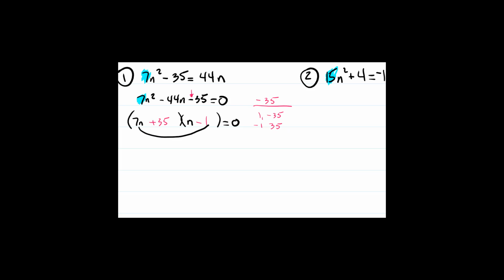So 7 times minus 1 gives me negative 7n. And then 35 times n gives me 35n. Now if I add those up, that gives me a sum of positive 28n. So I know that these are not going to be my factors.